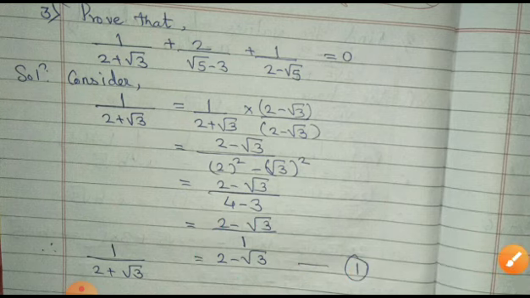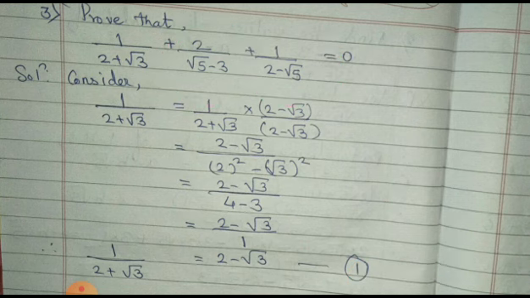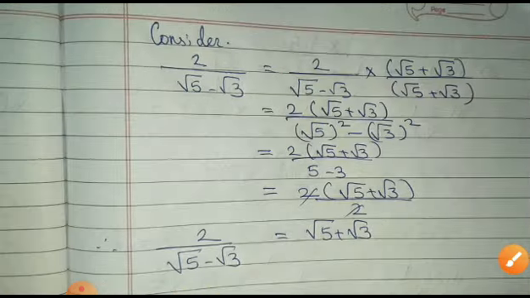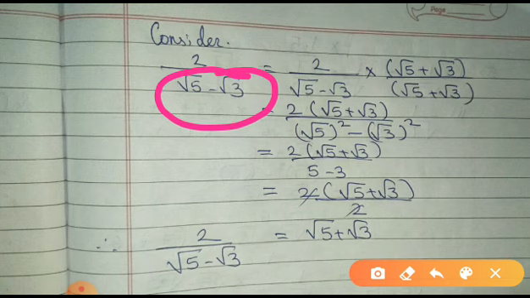Hope that is clear. Next, what should I find? Similarly, I have to find the values of 2 by root 5 minus root 3 and 1 by 2 minus root 5. So I have found the value of 2 by root 5 minus root 3. By what should I multiply? I have to multiply with root 5 plus root 3.